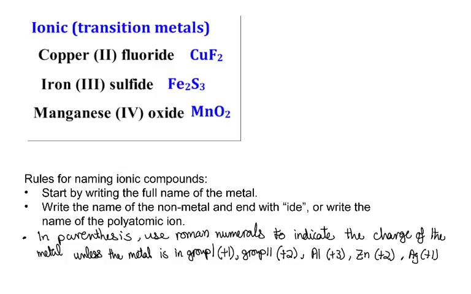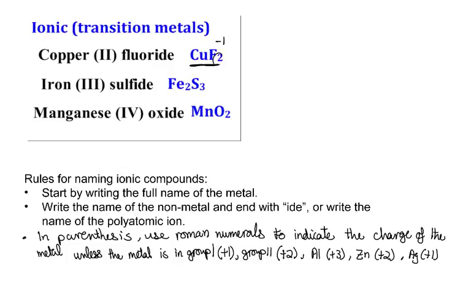So let's look at these 3 examples and see if we can figure this out. How did we know that this copper is copper(II)? Well, we know the charge of the fluoride. Each fluoride has a -1 charge.